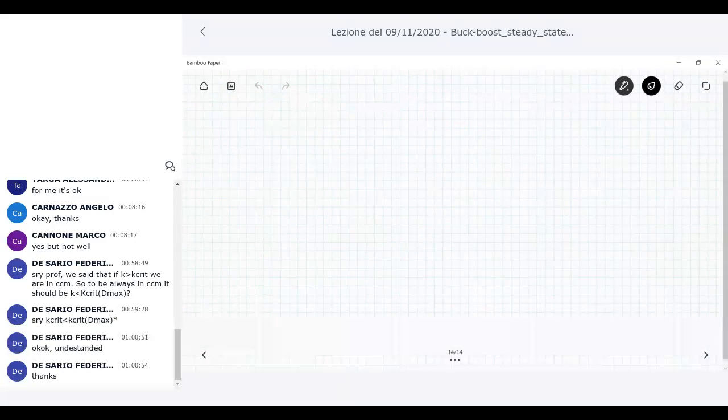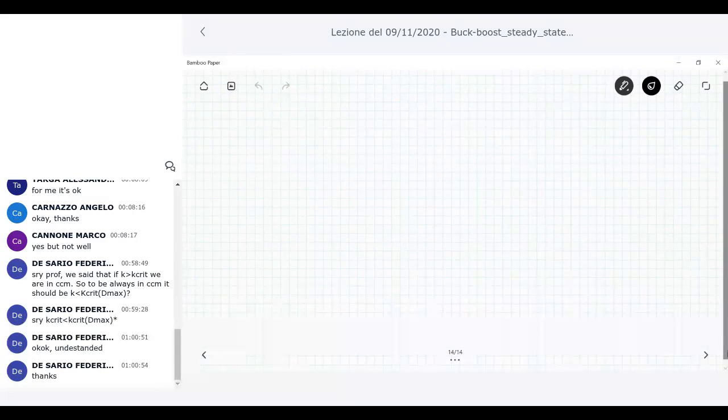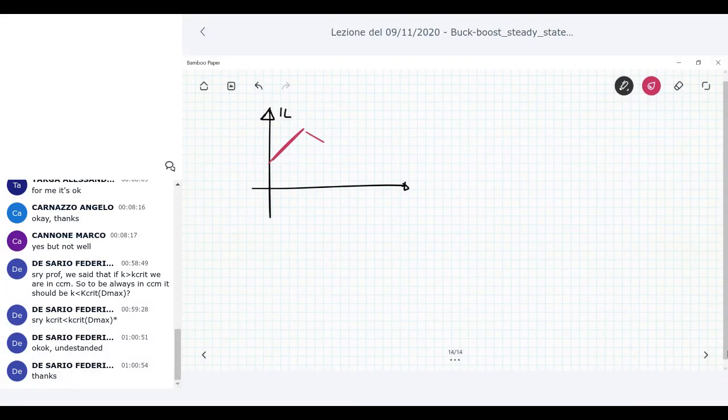What happens to the other electrical quantities in these circuits? We saw that we have an inductor current, IL, and this inductor current has the classical CCM waveform, which is this one, over Ts.